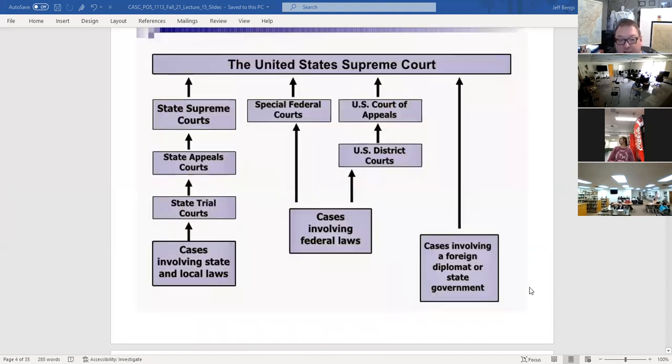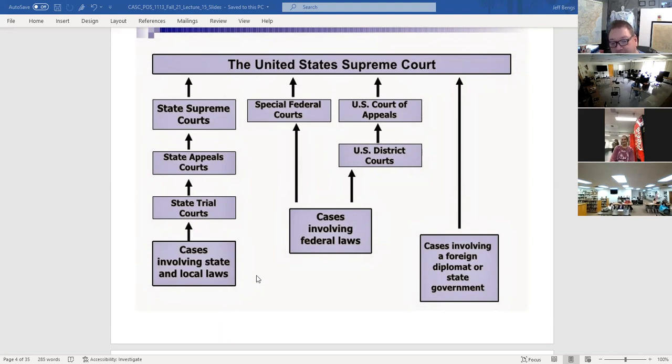So here we go back to this chart. If there is a local problem, and I'll go back to my example of Jonathan and Bryce and the Reese's cups, that is a local issue. So that would start out at a state trial court, which would be the LaFleur County Courthouse.